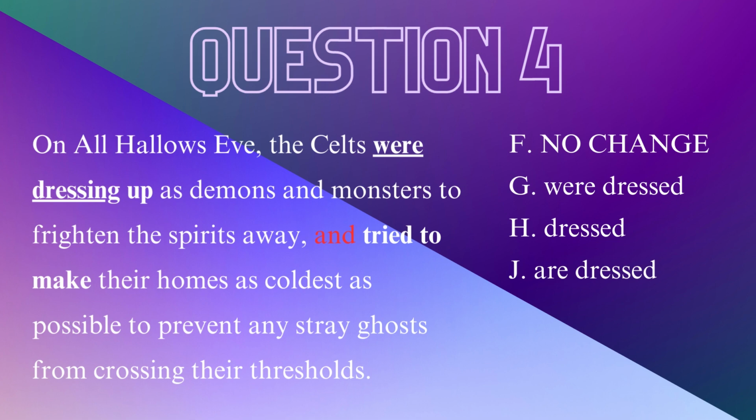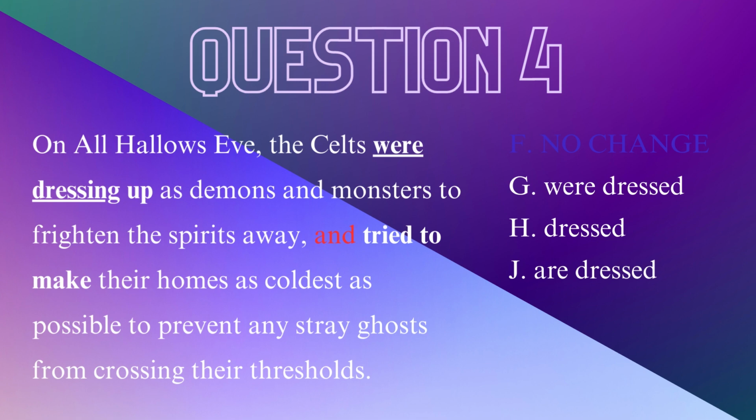No. So I can eliminate choice F because if this were parallel, it would say the Celts were dressing up and trying to. Trying would have that ing to match that dressing ing. Well, that's why F is incorrect.